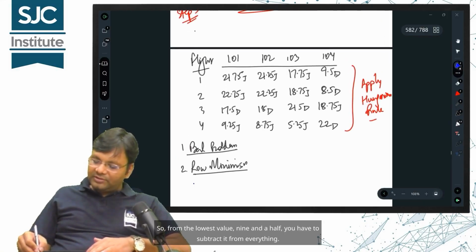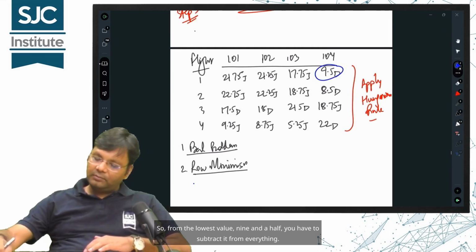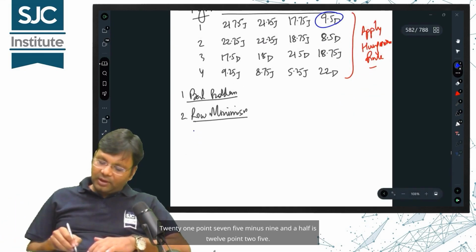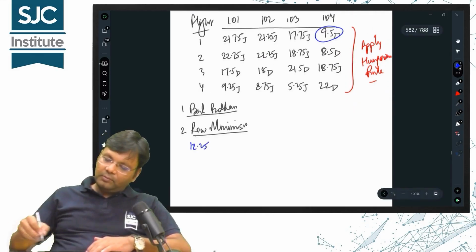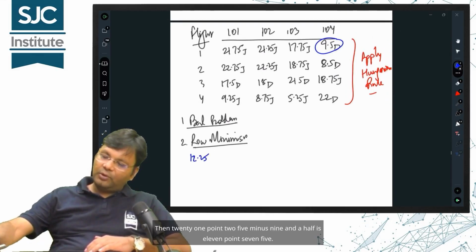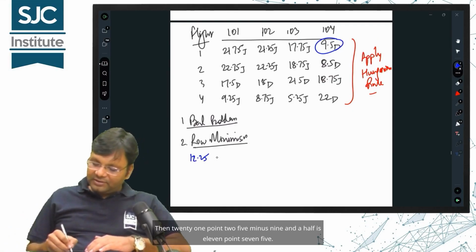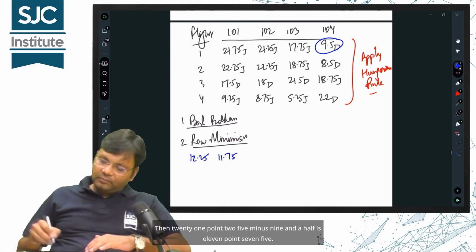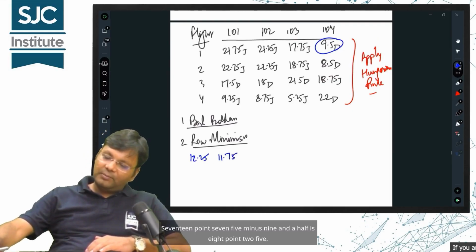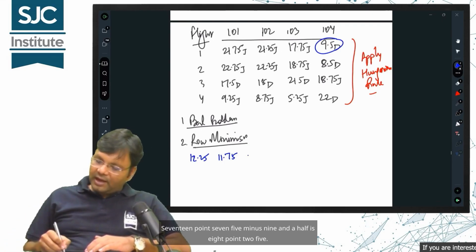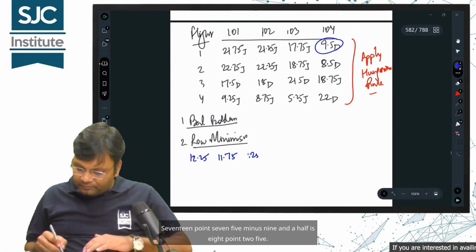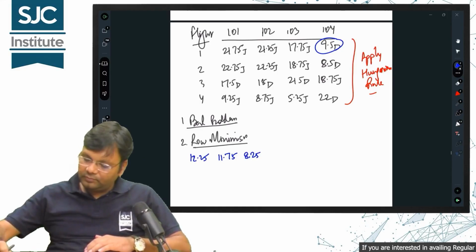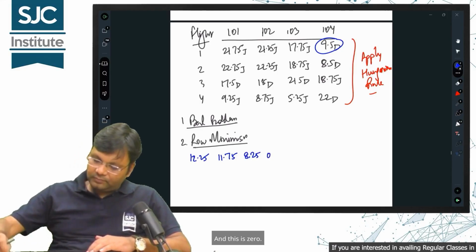So, from the lowest value, 9.5, you have to subtract it from everything. 21.75 minus 9.5 is 12.25. Then 21.25 minus 9.5 is 11.75. 17.75 minus 9.5 is 8.25. And this is 0.